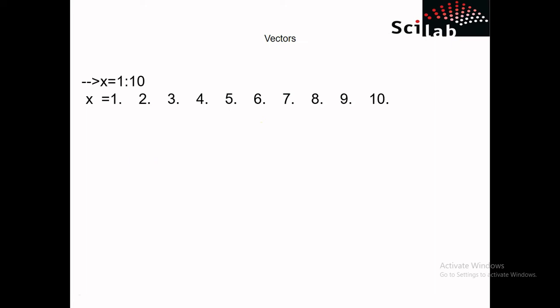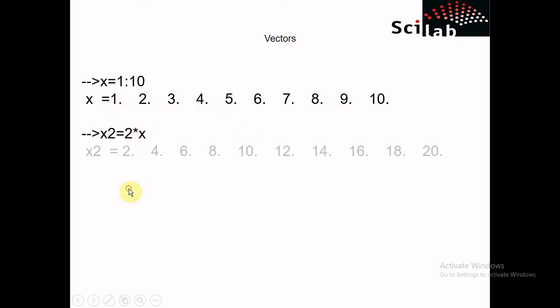In Scilab, it is very simple. You don't have to make use of a loop, but you simply have to make use of this kind of statement. If I define another variable x2, which I write as 2 star x, then since x is a vector, x2 will also be a vector. In this x2 vector, every element will be 2 times the corresponding element in the vector x.